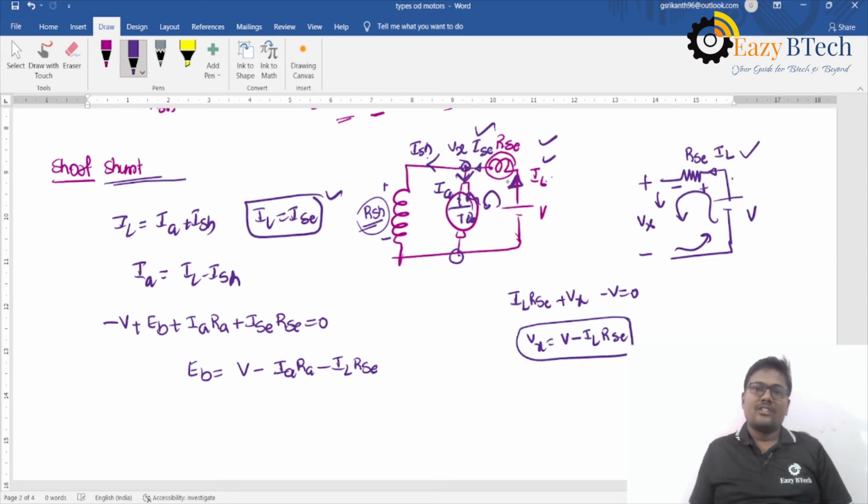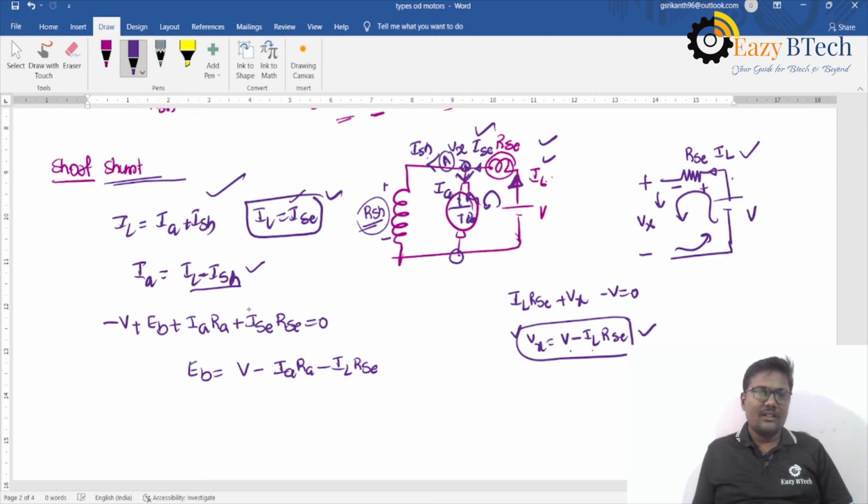The node potential will be, suppose you can assume that is the A potential. The node potential is Vx, that Vx is equal to V minus IL into RSC. And same, if you apply the KCL at the node, IL is equal to IA plus ISH, and IA is equal to IL minus ISH, and here IL line current is equal to series field current.